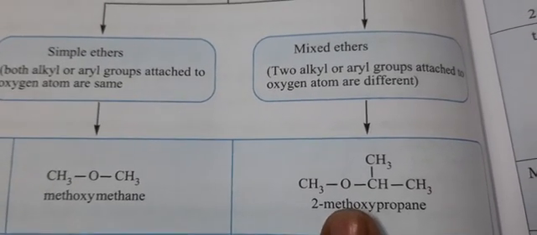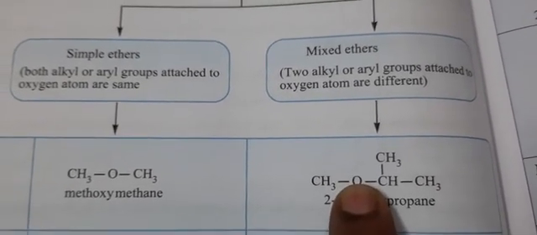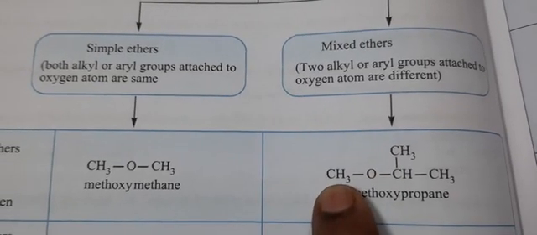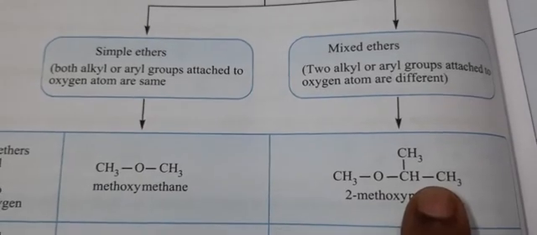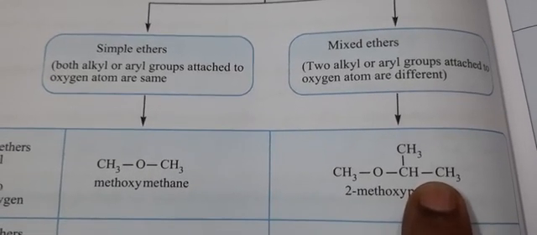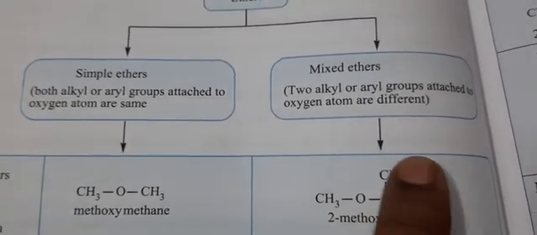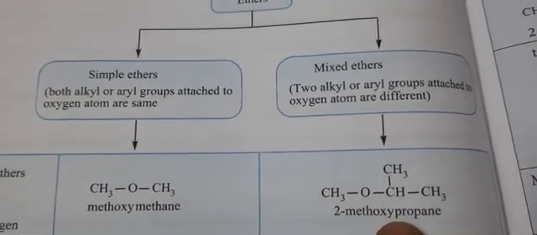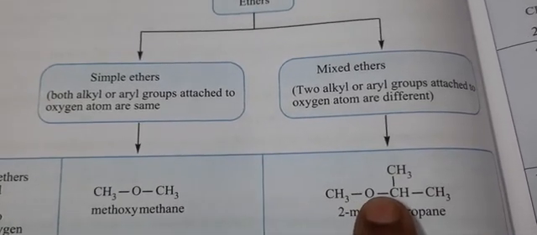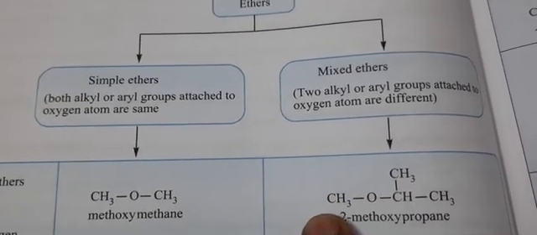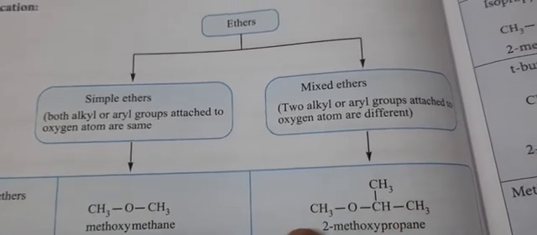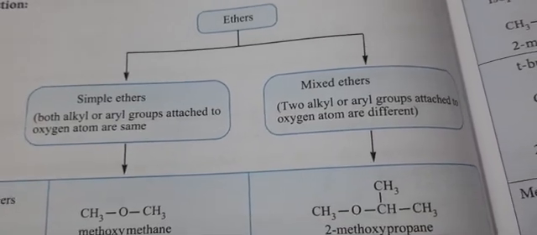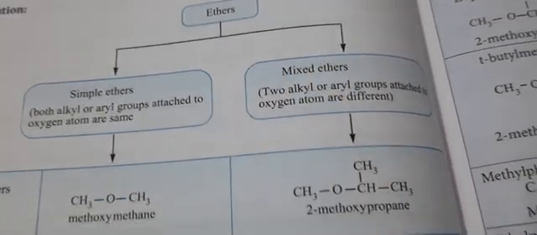In this example, oxygen is attached with a methyl, and on this side oxygen is attached with a group that totally contains three carbons, so propyl, isopropyl. So oxygen is attached with one methyl and here one isopropyl. Two different groups are attached. So this is a mixed ether.